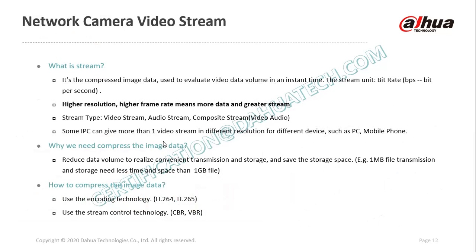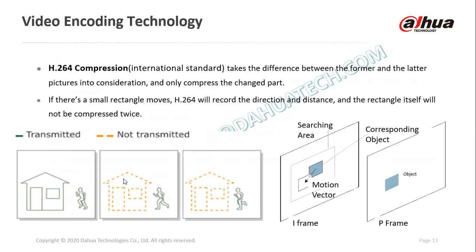In video encode technology, now we talk in more detail about H265 and H264, the compression technologies. H264 is an international standard. How H264 works might be a little tricky to explain here, but you can check it later.